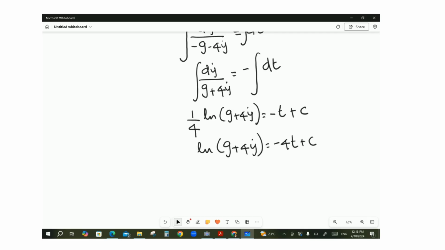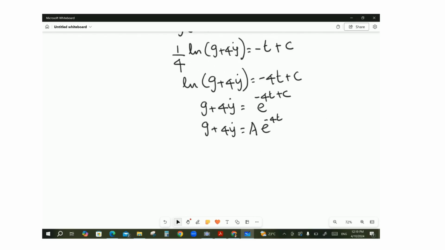Then I can write this as g + 4y dot is equal to e to the power minus 4t plus c. Now I can write g + 4y dot is equal to e to the power minus 4t times e to the power c. e to the power c is a constant, I will write this as a.